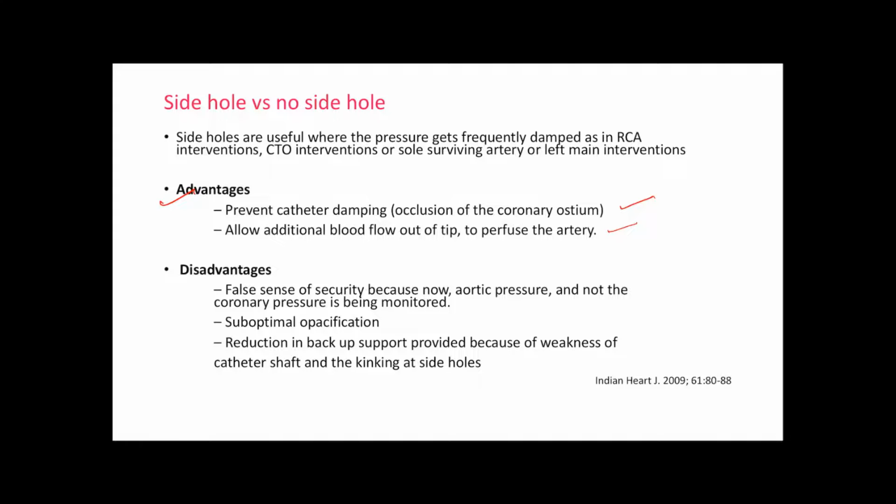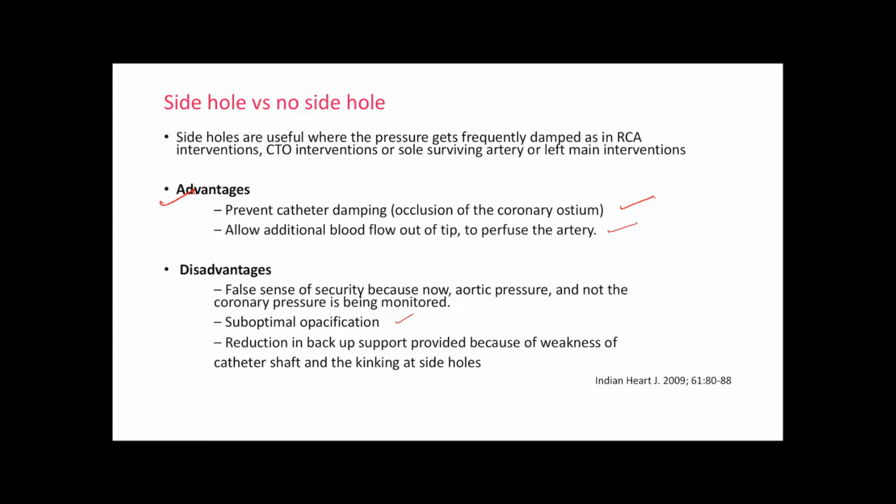If the pressure is not damped, we conclude that the catheter is coaxial to the coronary ostia, so we can inject dye with the usual force. But if it is abutting the coronary ostial wall and you inject with the same force, there is always a possibility that you can dissect a flap out. That's the reason it gives a false sense of security, that the pressures are not down. So it can be really dangerous at times.